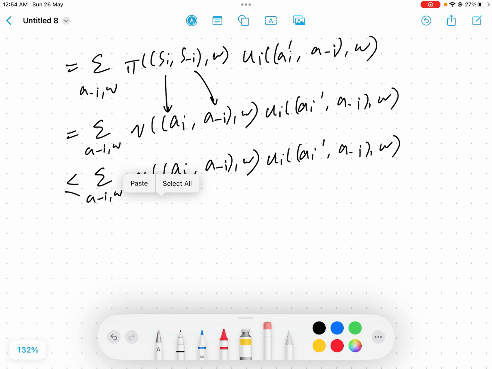Then we erase this part here, so this is a different part. This is just by the obedience inequality.